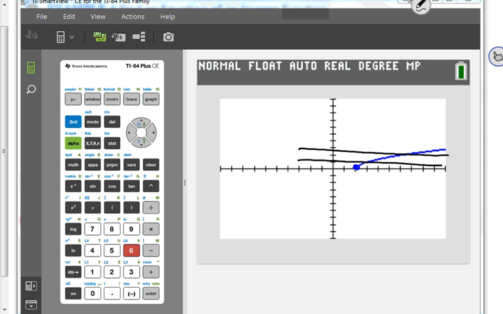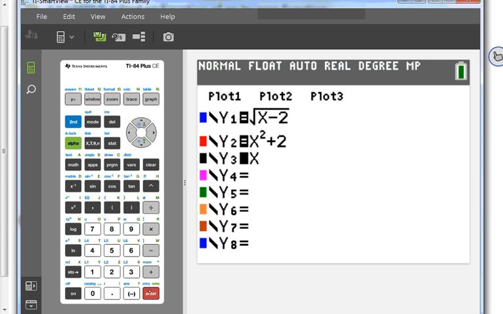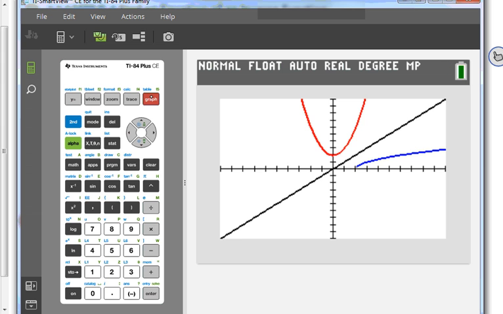Okay? So now, let's bring in that inverse. Go back here. Let's turn this on. And let's graph both of these because we want to see this line y equals x too. Okay, now there's a little bit of craziness going on here. The original graph was supposed to reflect across the line y equals x.